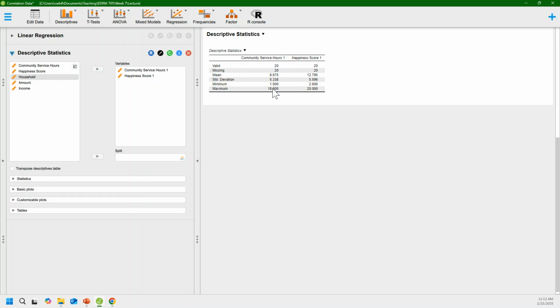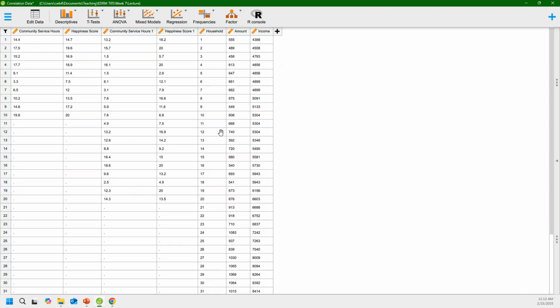All right. So what I'm going to do is I'm just going to pick one of these community service hours here. Let's say 13.2. And I'm going to do this in real time instead of using the notes I have here. So 13.2 is here.